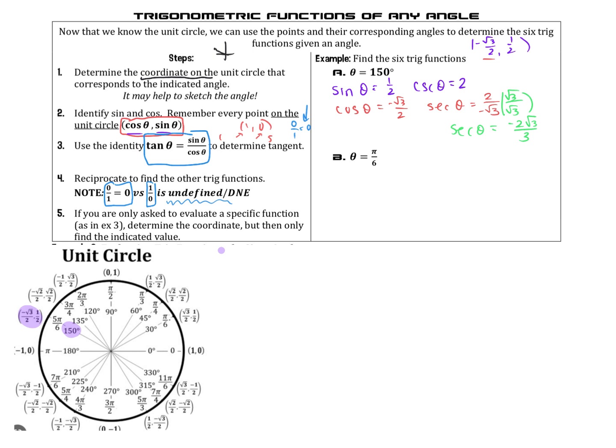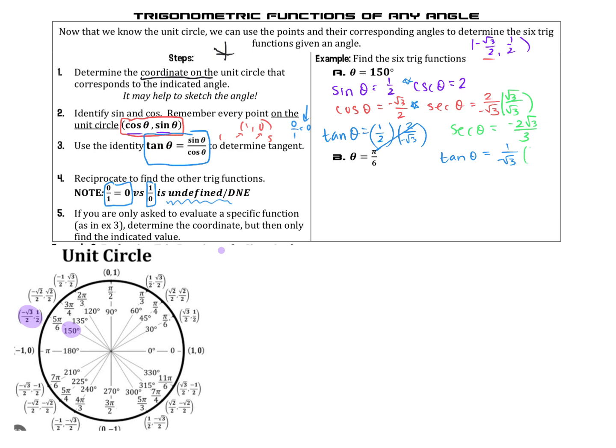Tangent of theta is going to be sine, 1/2, divided by cosine, negative root 3 over 2. So 1/2 divided by that, we're going to flip and multiply. That's going to give me that tangent of theta is 1 over negative square root of 3.